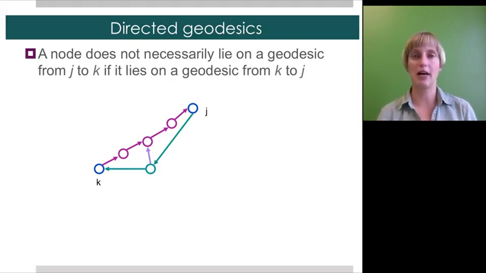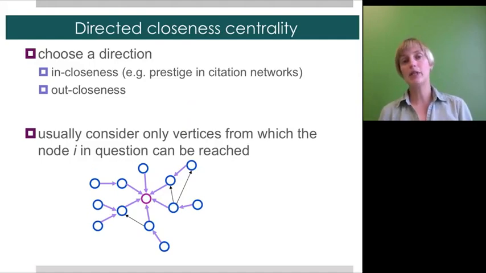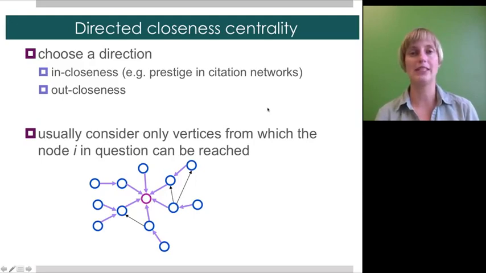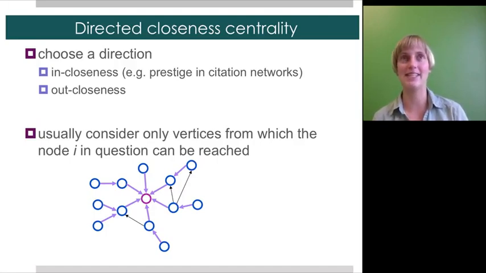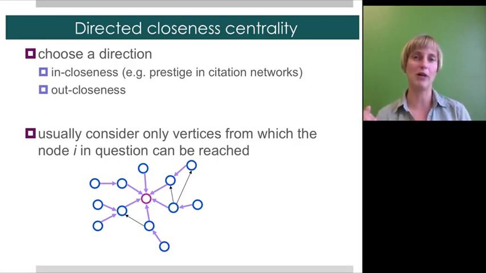its undirected counterpart. Same thing with closeness centrality. You can talk about in-closeness or out-closeness, and typically you will only consider vertices that are reachable. Once you have a directed network, it's even more difficult for everything to be connected, because if you have the same number of edges and they're directed, you can only traverse them in one direction, right? You have about half the number of edges.